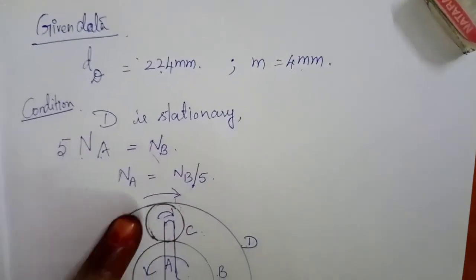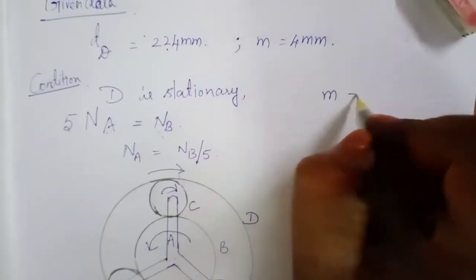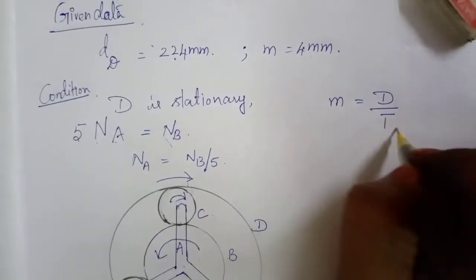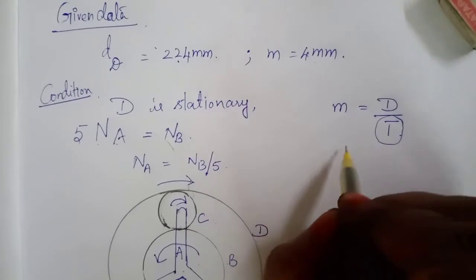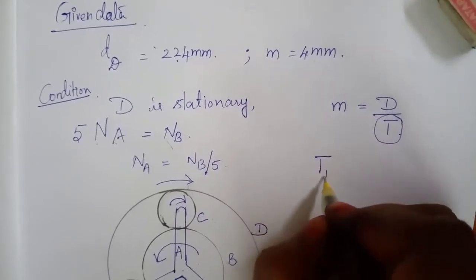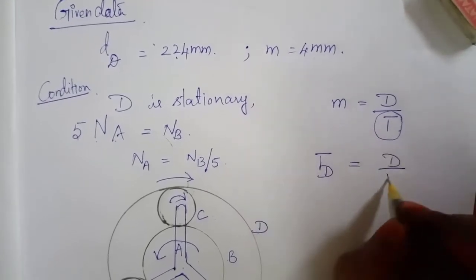Now from this you can find out the teeth of the internal gear. How can you find it? The formula is module equal to pitch circle diameter by the number of teeth. So the number of teeth on the internal gear D is equal to D by M.